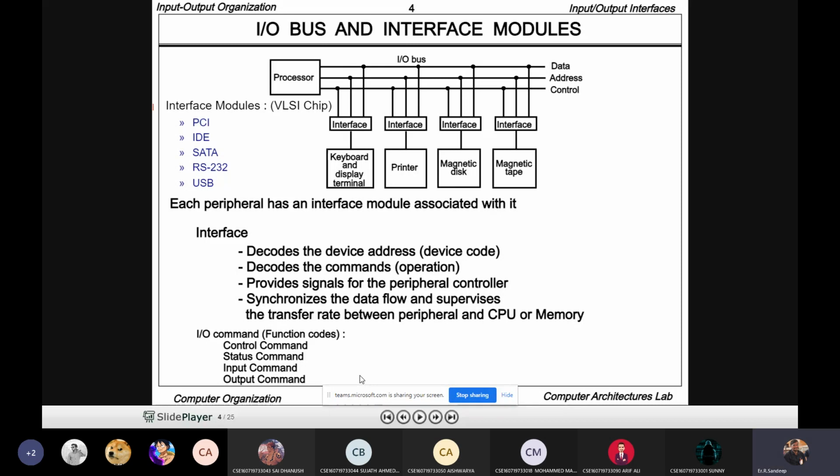The status command tells whether the data was sent successfully or not, what the status of the data transmission is, either positive acknowledgement or negative acknowledgement. And the control command is like reading and writing, so those come under the control command. So the interface will do these activities, especially in the case of memory and IO interfacing.